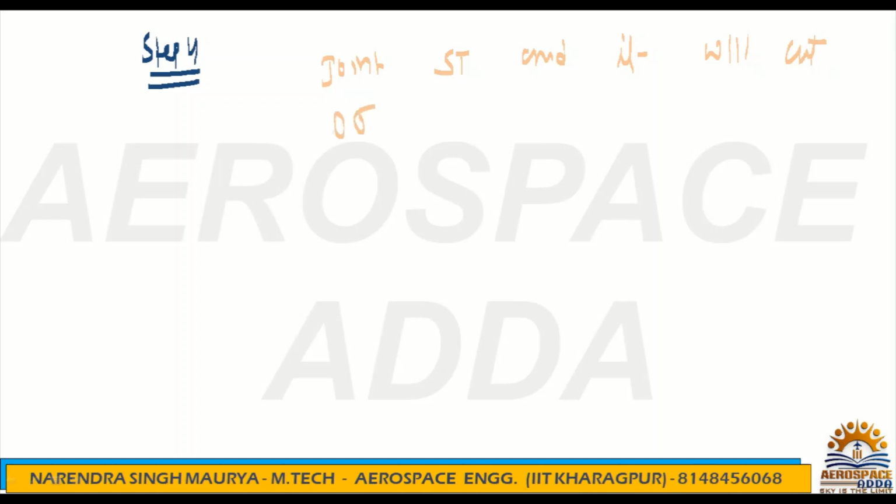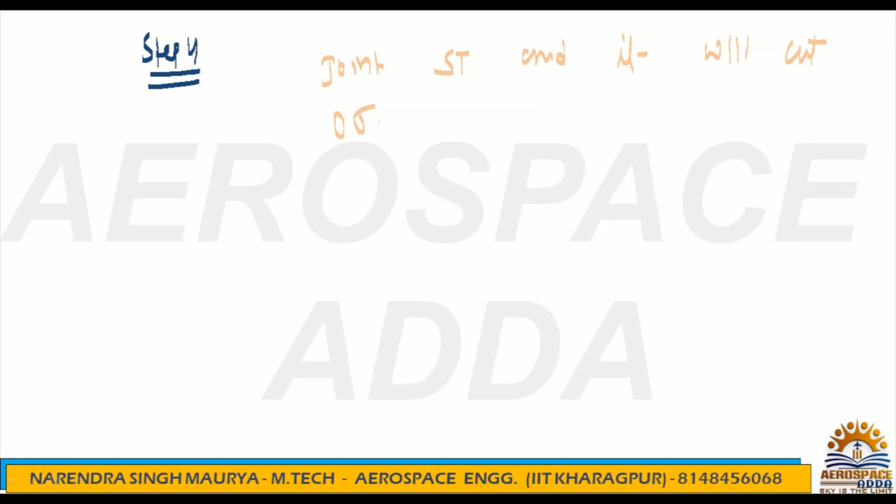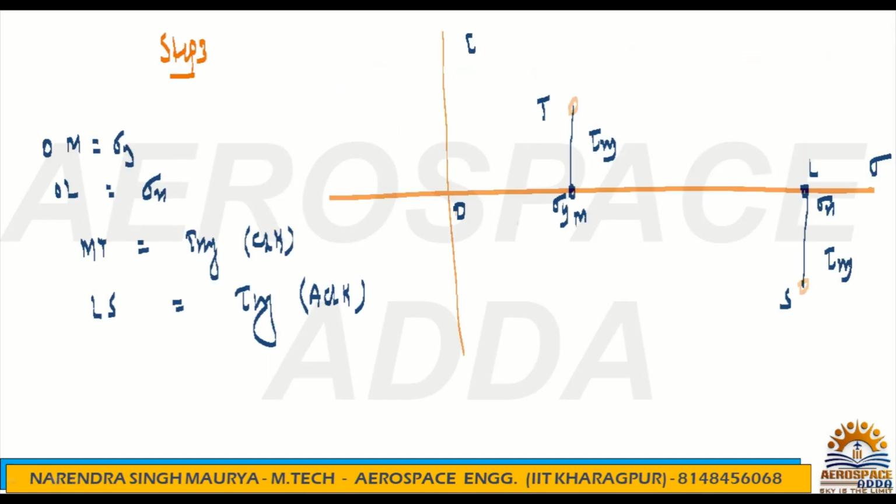What is the meaning of O sigma? Where is the O sigma? From this origin, which is O, O to sigma. Obviously, if you join S and T, O sigma will be cut somewhere.